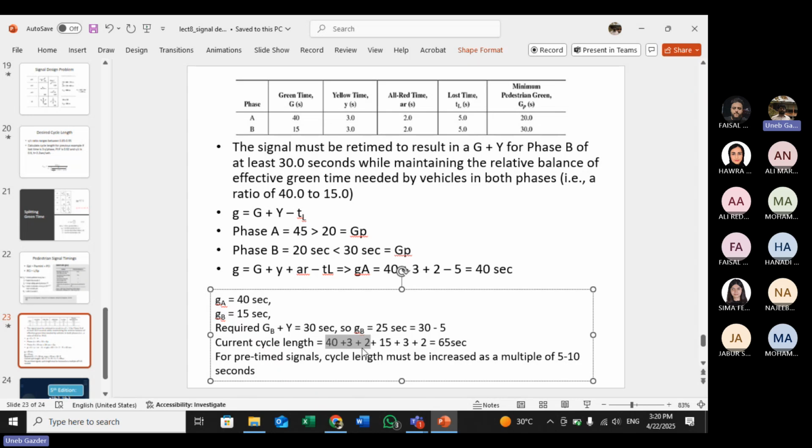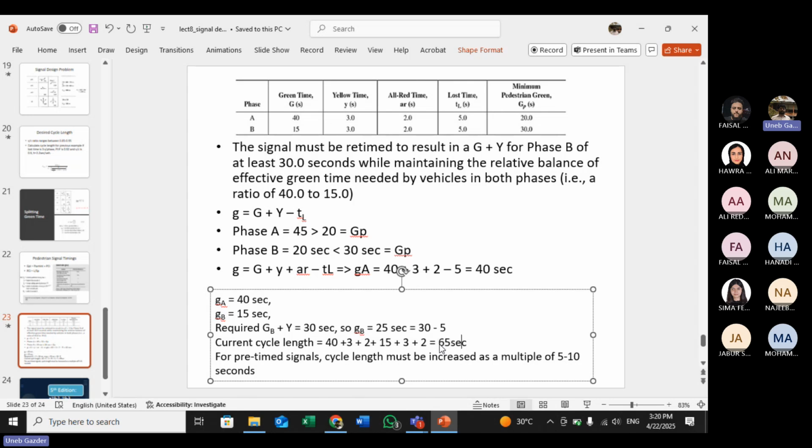The portion which I have highlighted here is phase A: green of phase A, yellow of phase A, all red of phase A. And this is for phase B. So phase A plus phase B. If there were 3 phases, I would add the third one as well, and if there are 4 phases, the fourth one as well. This is my old cycle length. I added both the phases. My old cycle length is 65.